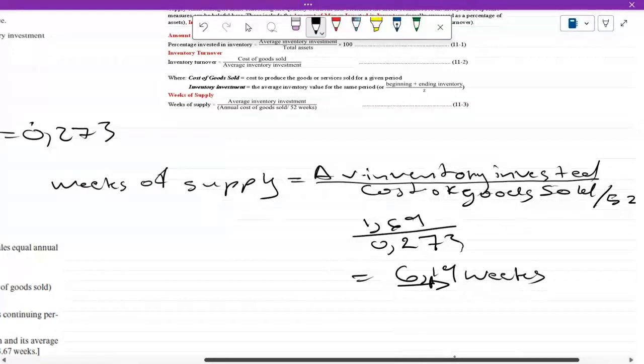I don't know why they call it cost of goods sold, because it's supposed to be a benefit that your goods have been sold. But when it's a cost, it's a loss.